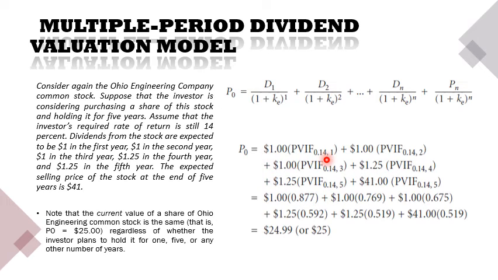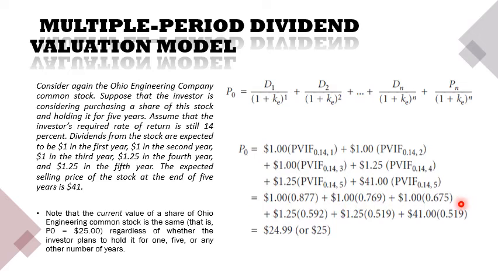1 times the present value factor. I've already discussed why it's multiplication. And let's just add it: 1 times the present value factor, plus $1 times the present value of the second year, plus $1 times the present value of the third year, plus 1.25 multiplied by the present value factor of the fourth year, plus $1.25 multiplied by the present value of the fifth year, plus $41 multiplied by the present value of the fifth year, of course with the 14% rate of return.